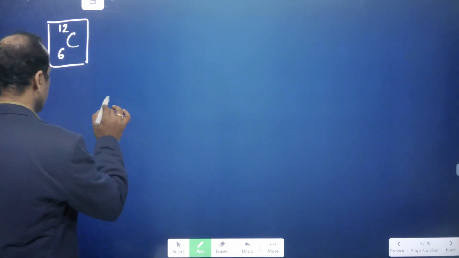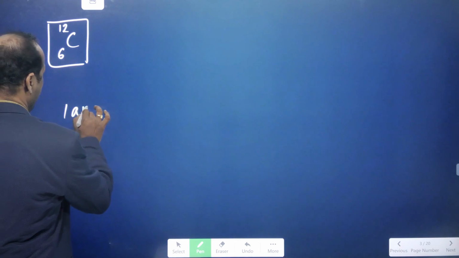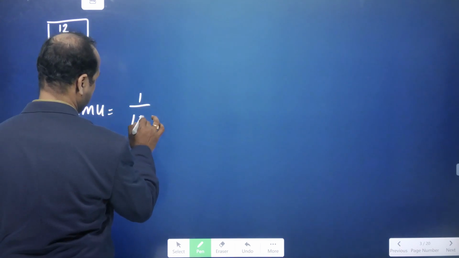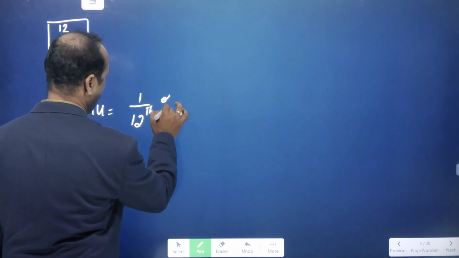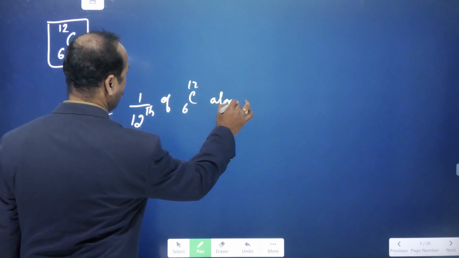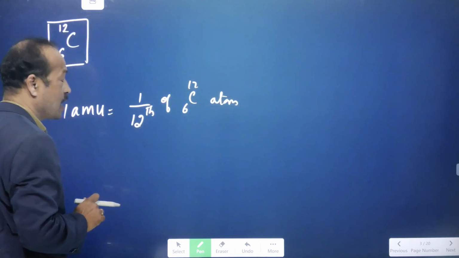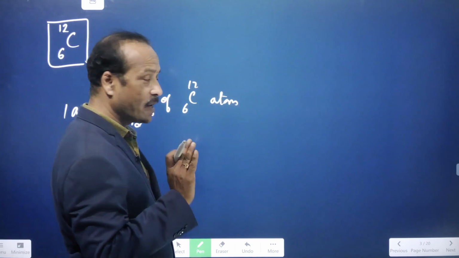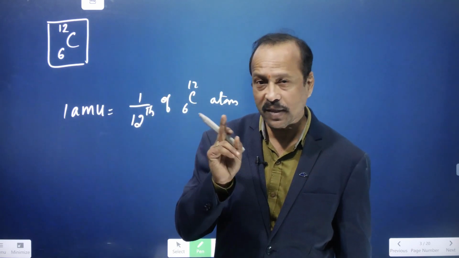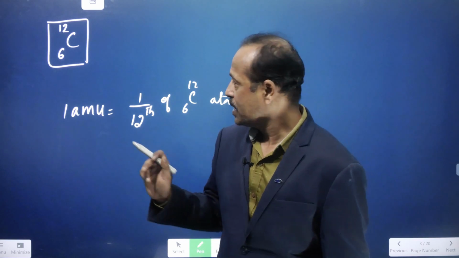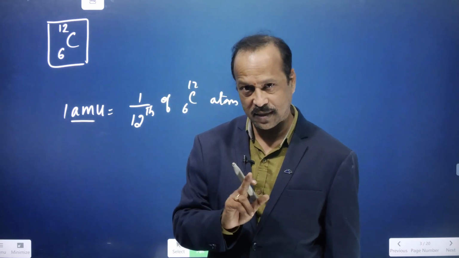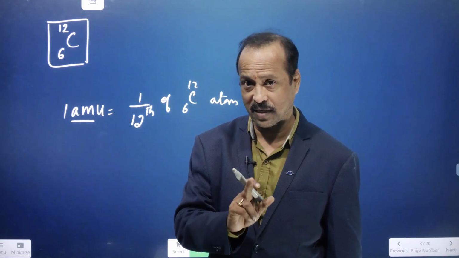So 1 AMU, this already we discussed, is equal to 1/12 of the C-12 atom. If we take this carbon atom and break it into 12 equal parts, and measure the mass of each part, then that mass is equal to 1 AMU. Is this clear? We already discussed this in the previous class, right?